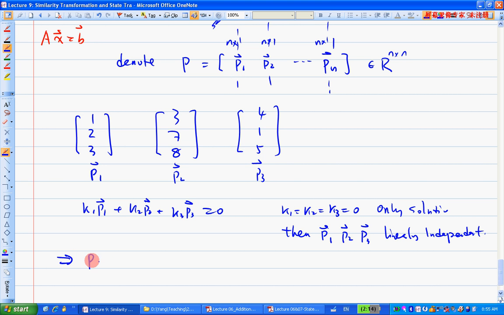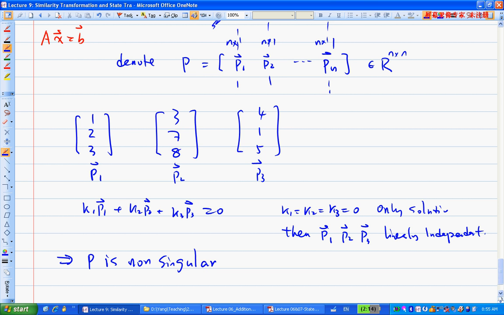So that means P is non-singular, which is good. I can use this P in the similarity transformation.